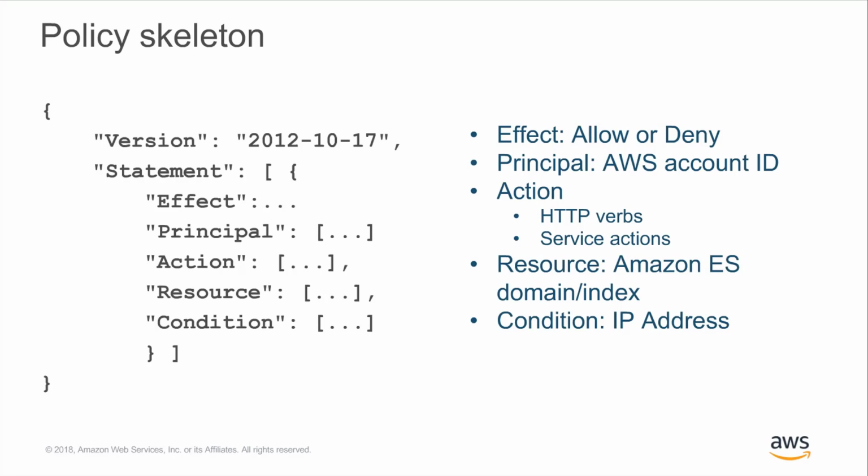So the actions include not only the HTTP verbs that are part of the Elasticsearch API, but also the calls that you make to the control plane for Elasticsearch Service, things like creating domains or listing domains. The resource allows you to say which indexes or which domains this policy applies to. So as you send your data in, it may go into, say, a search index. You want to specify a read-only access to that search index for your application.